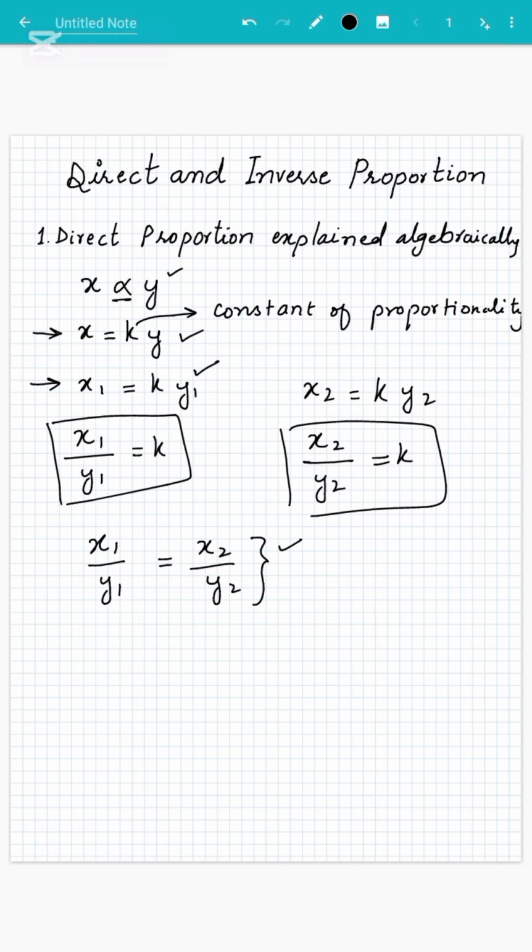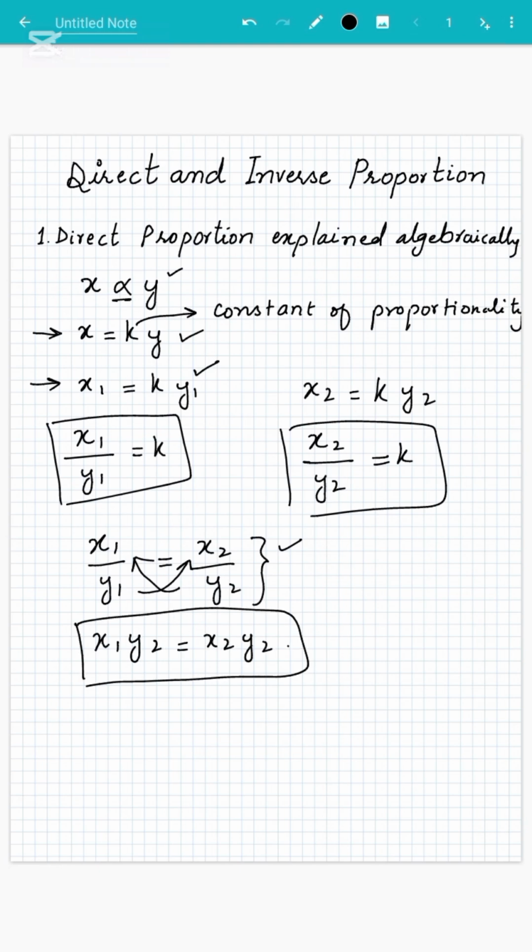All right, and the other way of writing this formula is this also. You can bring y1 to the left hand side, and y2 to the right hand side, and this will be written in this way. This is y1.